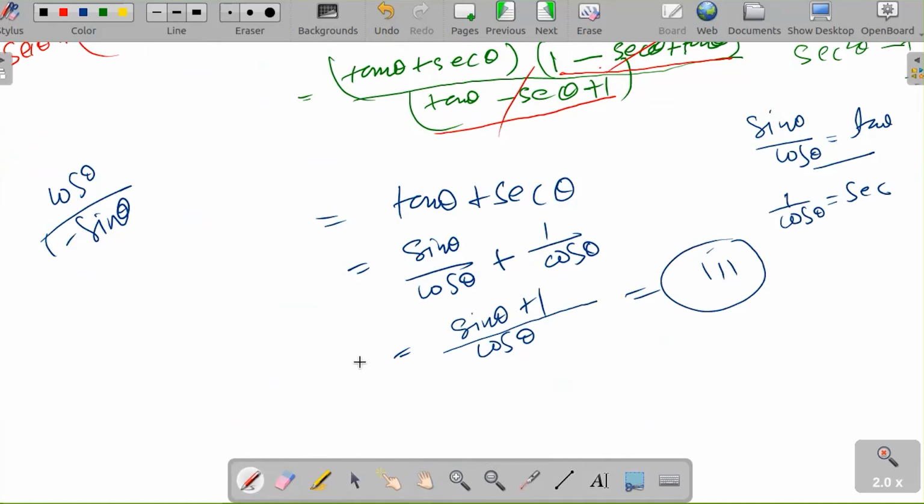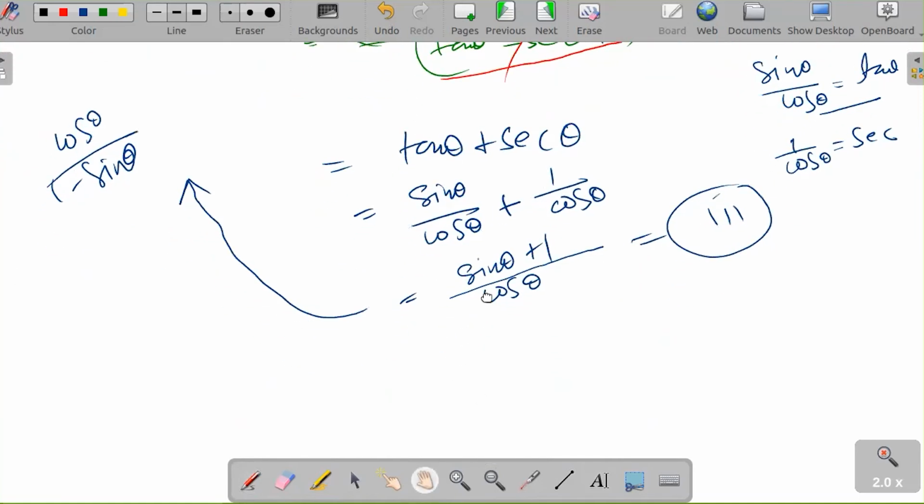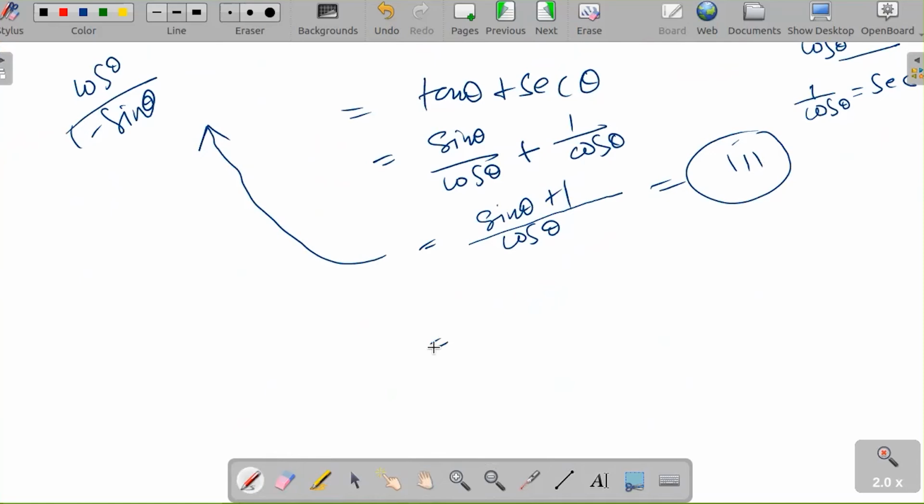So from here we have to proceed again. We can do one thing: we can multiply with cos theta up and down. There will be one benefit. I will tell it later. What will be the benefit?